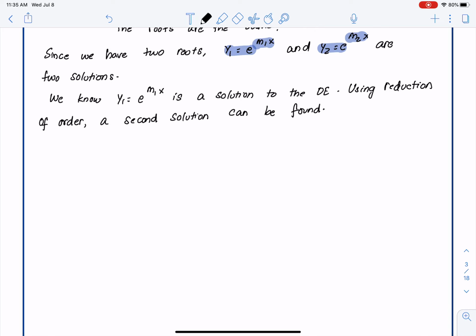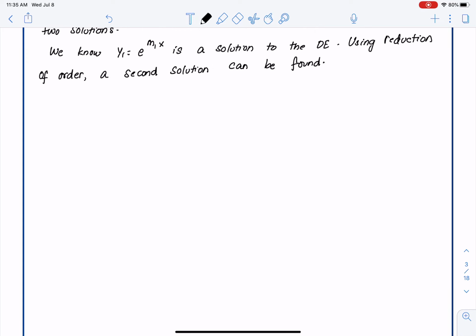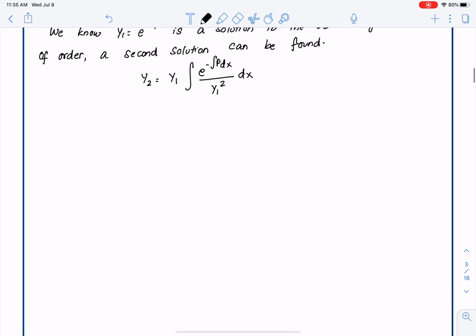What do I mean by that? Recall the reduction of order formula as y2 equals y1 integral e raised negative integral p dx divided by y1 squared multiplied by dx. And that integrating factor, e raised negative integral p dx, comes from the original equation.